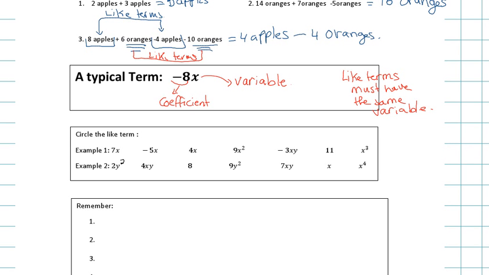I want you to look at example number 1, and it is 7x. I want you to find like terms for 7x. So name the like term for 7x in that row.